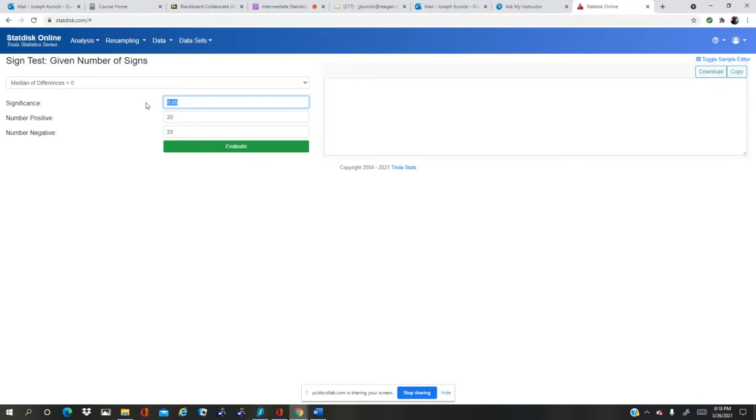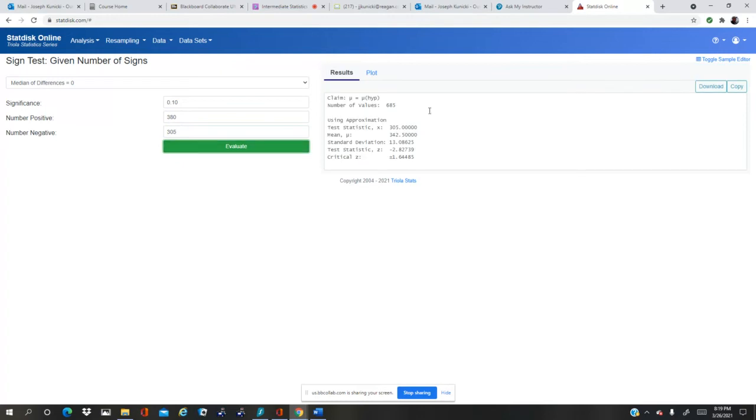The level of significance was 10%. The number of positives was 380. The number of negatives, 305. It's going to give us all the, there you go. The test statistic is always the smaller of the two, so 305 is the test statistic called X.